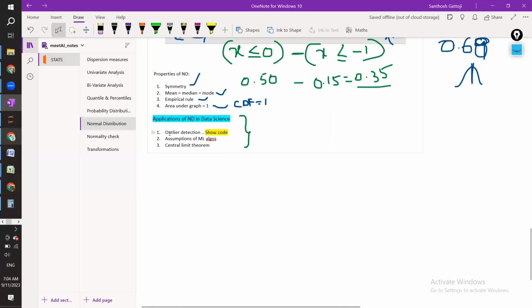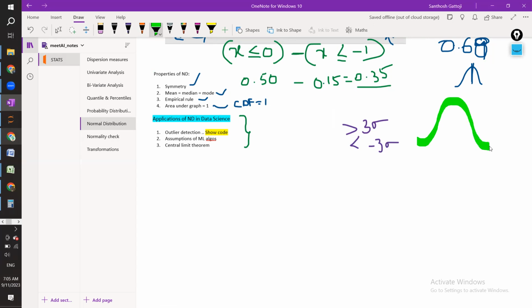In the case of outlier detection, we have seen in this graph, any value which is greater than 3 standard deviations or less than minus 3 standard deviations. Do you remember this graph? Here this will be mu, 3 sigma, minus 3 sigma.